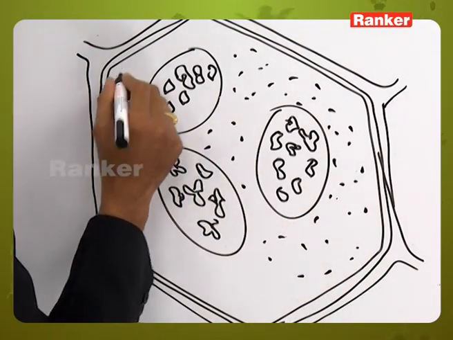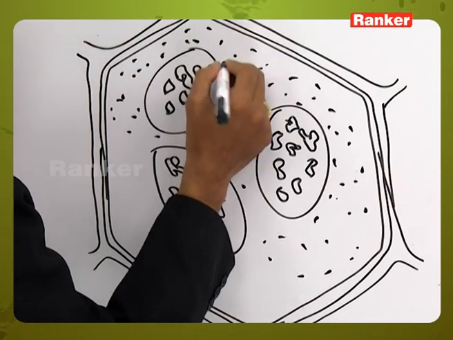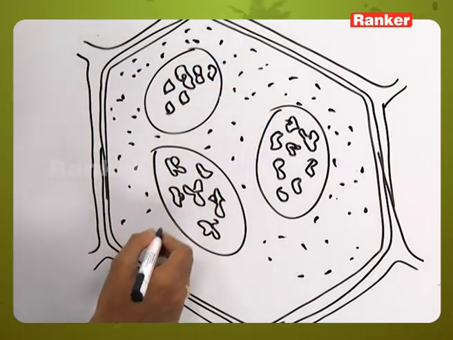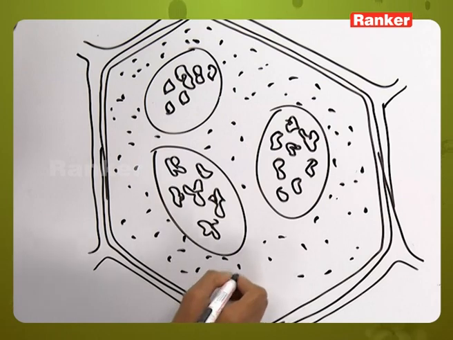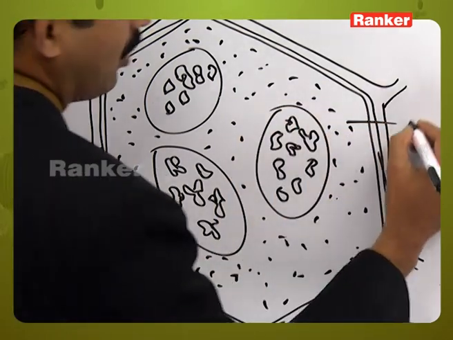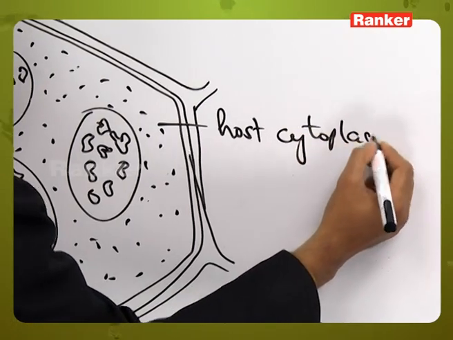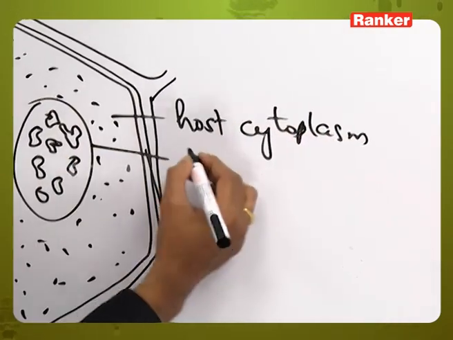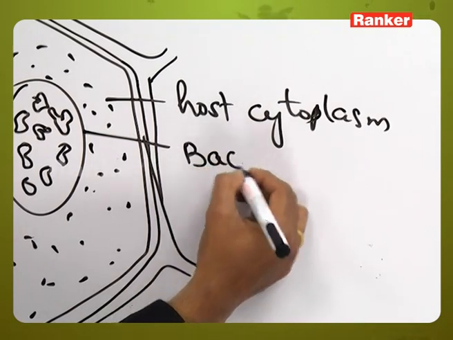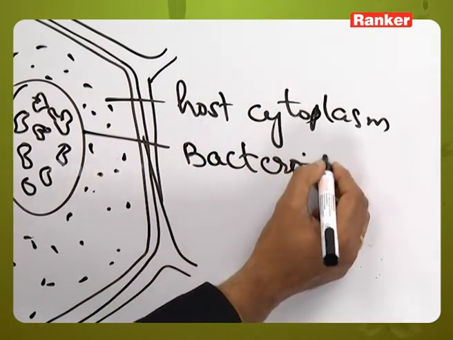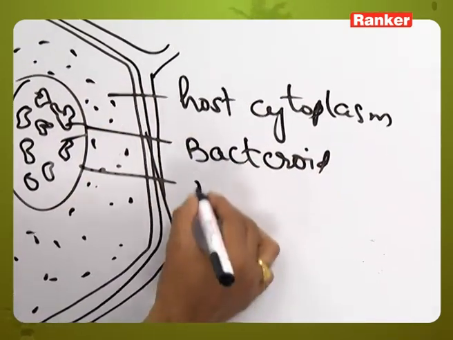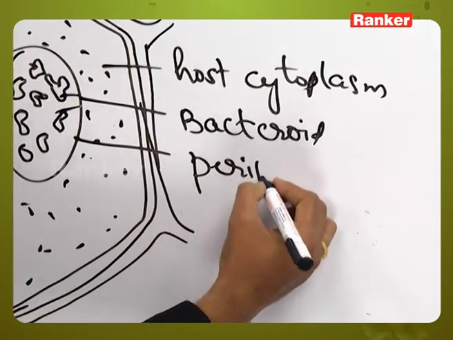So, this is the internal structure of the host cell, showing the presence of bacteroids inside it. This is the host cytoplasm. This is a bacteroid, or we can say all these are bacteroids, and this is a peribacteroid membrane.